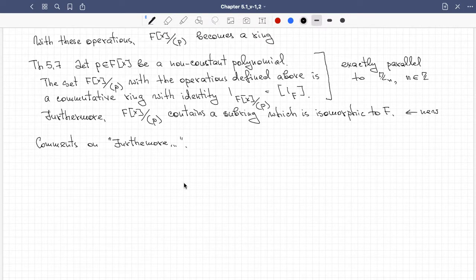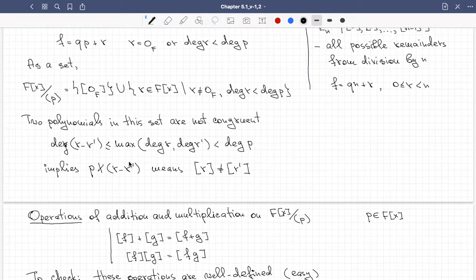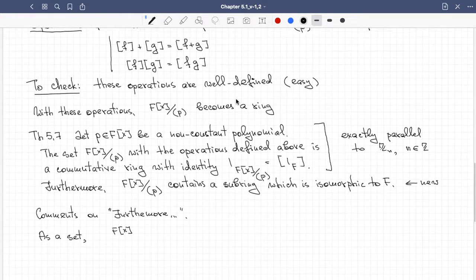So as a set, this thing looks like, and I just copy from here, this is how F[x] mod p looks as a set. I will copy it here.